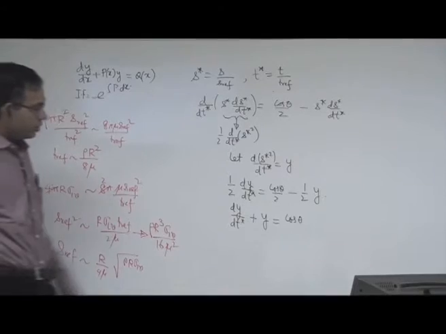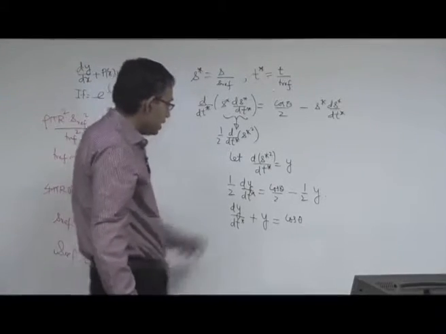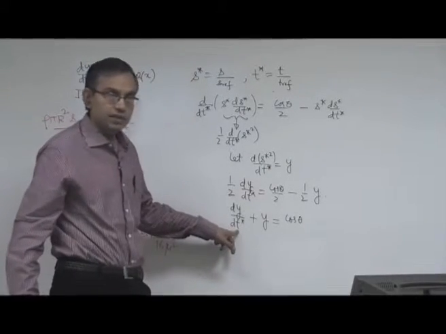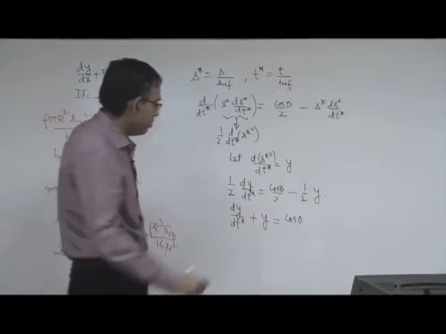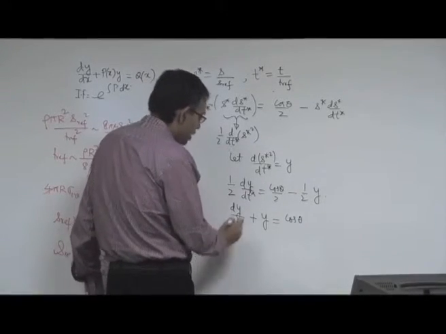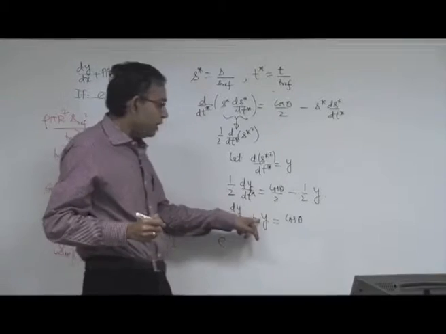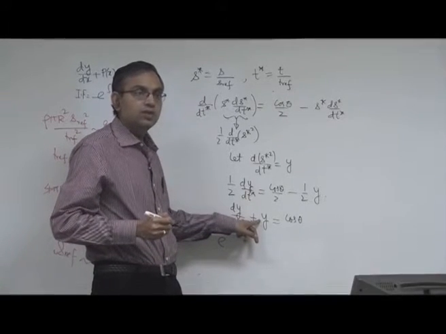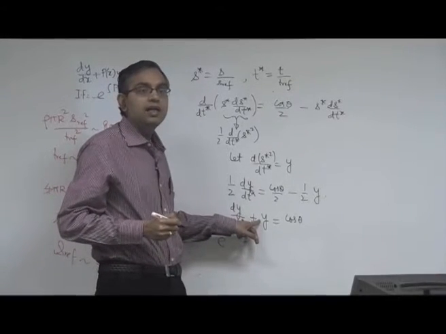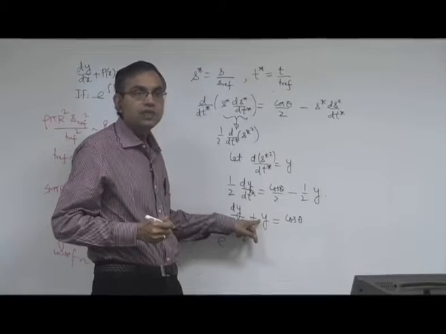Here x is t star, and p is 1. So e to the power integral dt star, that means e to the power t star.